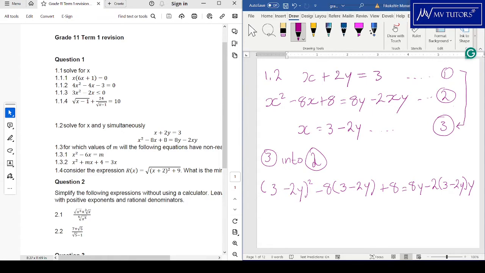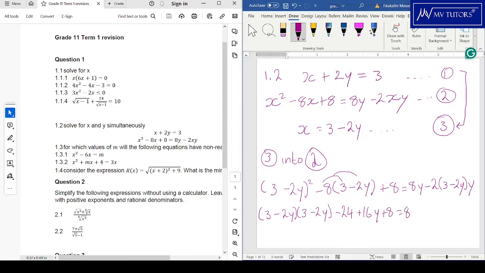Every time you see a square, please open two brackets. So I'll have a 3 minus 2y and another 3 minus 2y, and then I'll multiply this one out. So this one, it's 8 times 3. What is 8 times 3? It's 8, 16, 24. So it's going to be minus 24, and then a minus 8 times a minus 2 is a positive 16y. Plus 8.